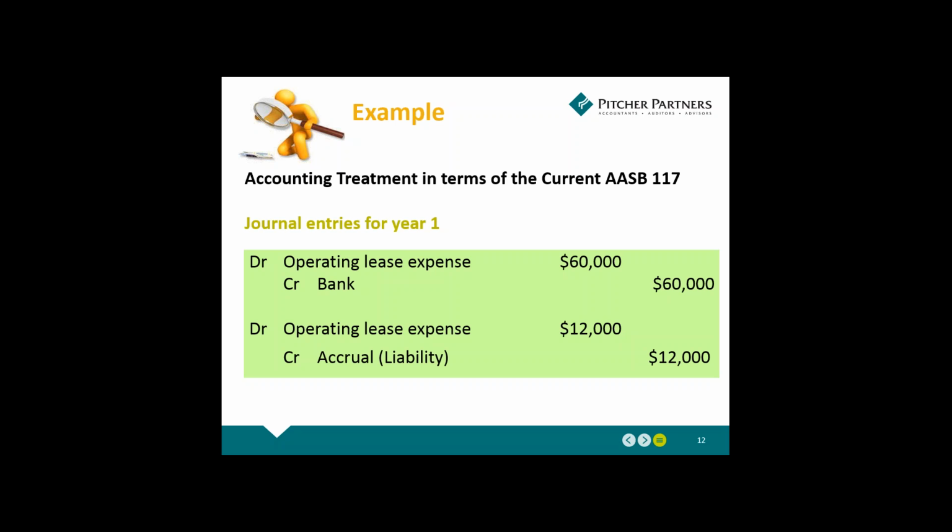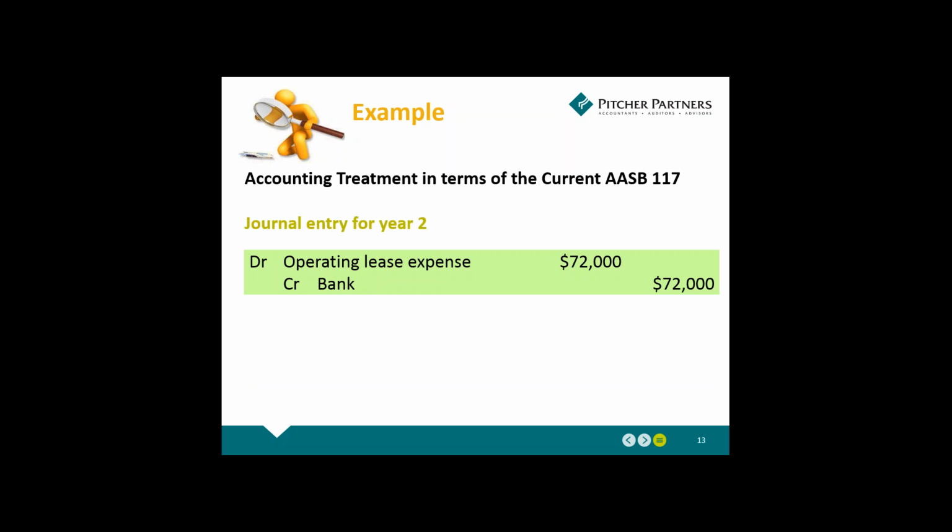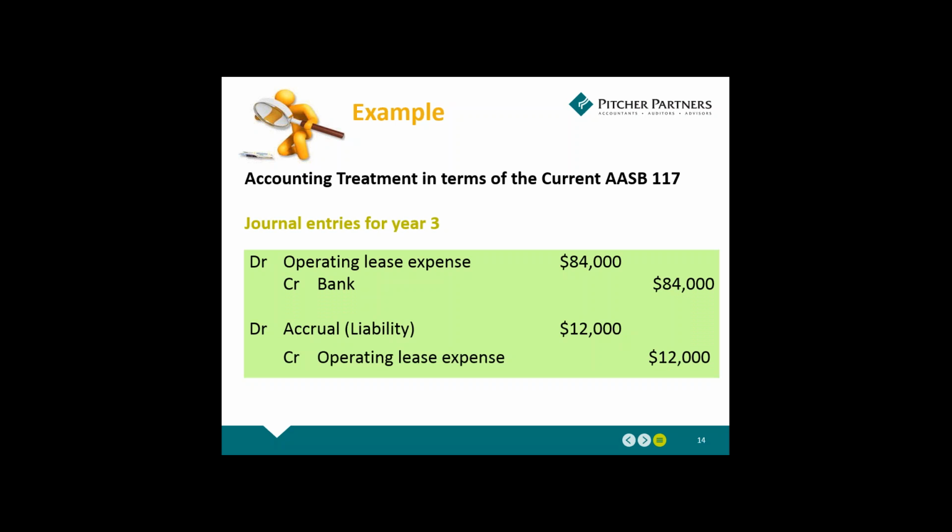So the only liability we'll see is a small liability, and it doesn't relate to all future operating lease payments or installments. It is just to fix the differential between the expense and the cash flow that occurred in the current year. In year two, the cash flow equals what we want the operating lease expense to be, so no further journal entry.